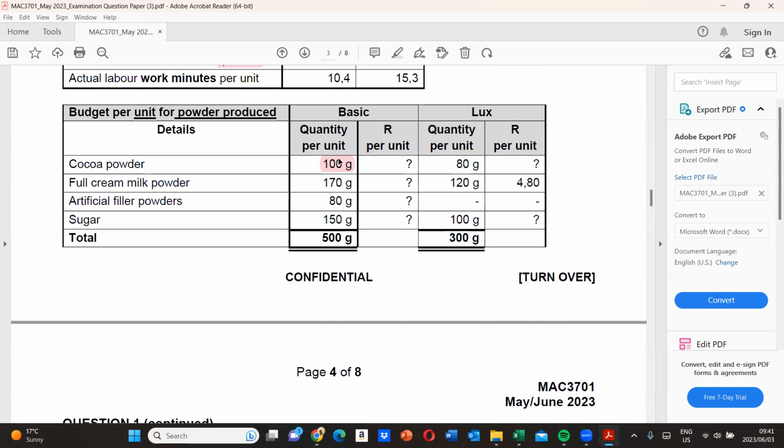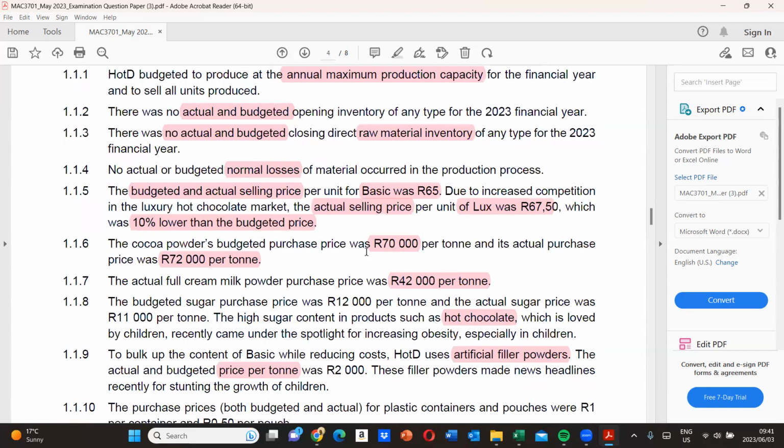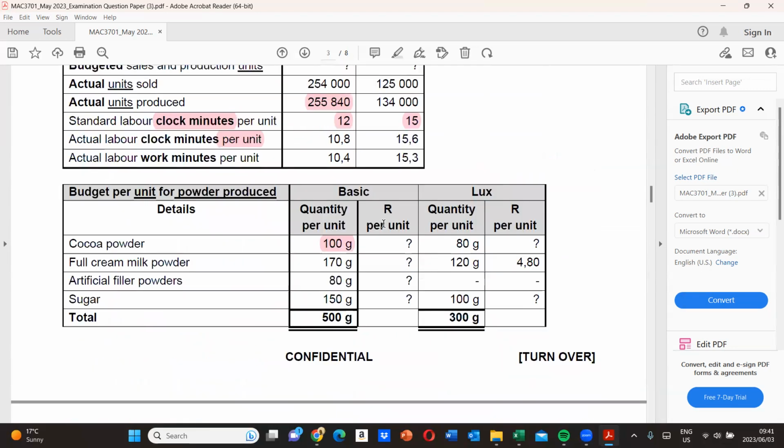Now I want to determine how much cocoa powder you actually used there.